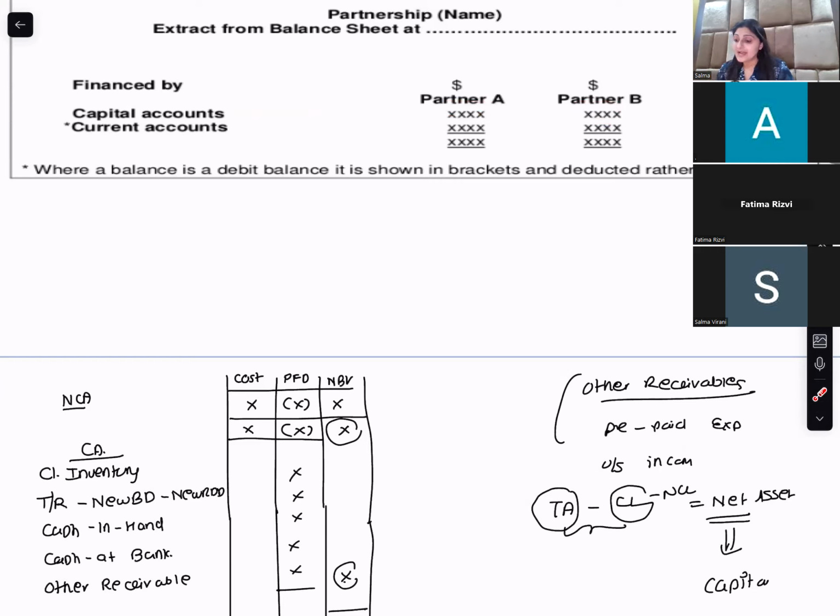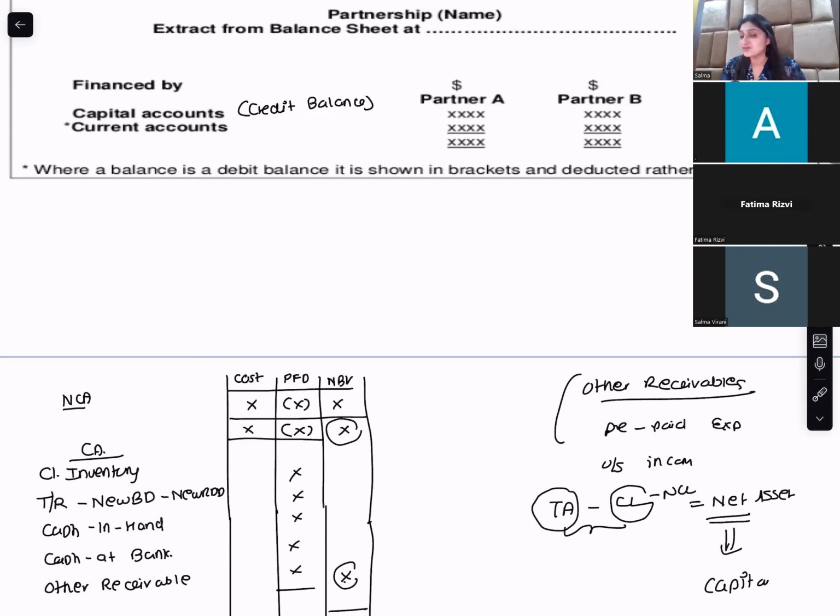And for the current account, the current account can have a positive balance. It can also have a net debit balance. That means your current account can have a credit balance or a debit balance, but your capital account will always have a credit balance.